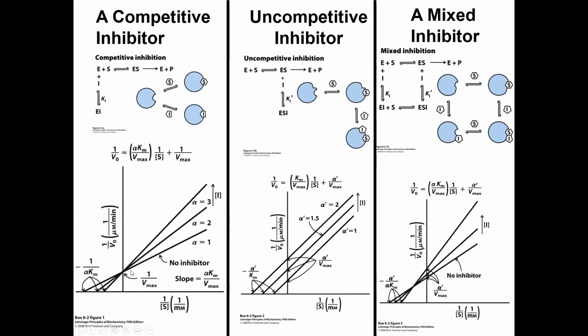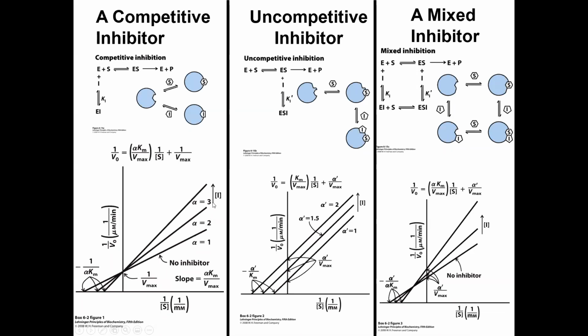When there is no inhibitor present, alpha is 1. Remember, when alpha is 1, 1 by V will be Km by Vmax times 1 by S, plus 1 by Vmax. There is no inhibitor present. That's why alpha is equal to 1 here. That's the bottom line.